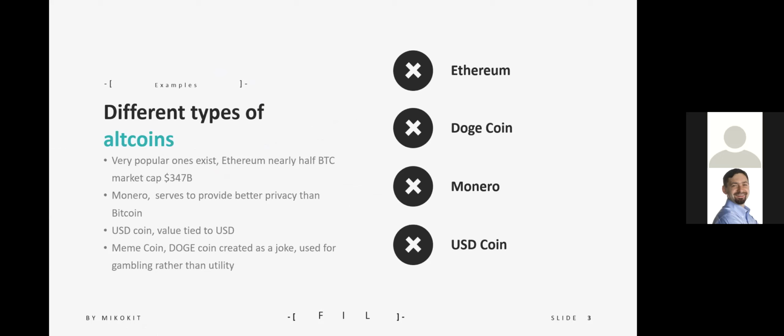To go over some that fit specific niches, something like Monero was designed to be more private and have better privacy and security than Bitcoin. It functions similarly. It has a price. The price fluctuates with demand. It was designed in a similar way, still on the blockchain, still can be mined. However, it has a bigger focus on privacy.